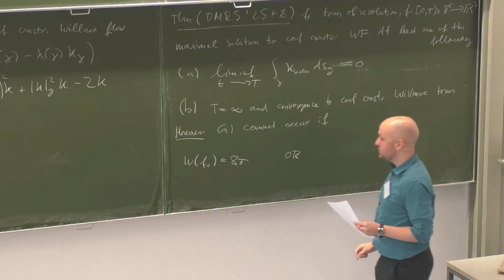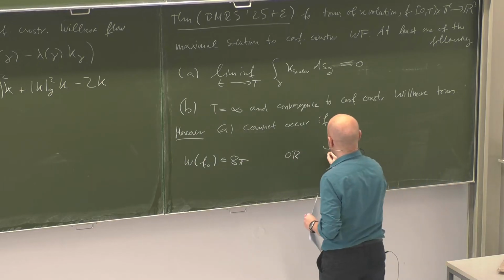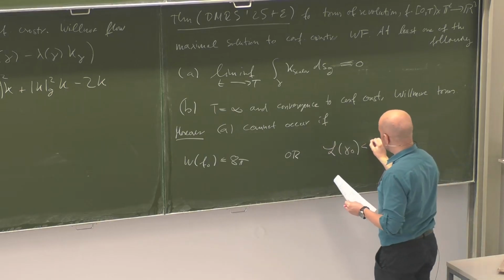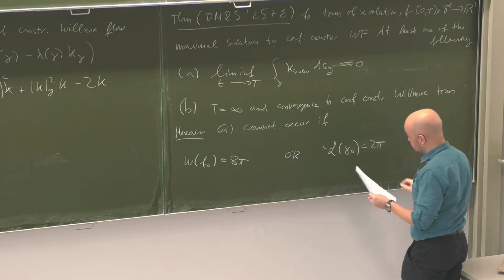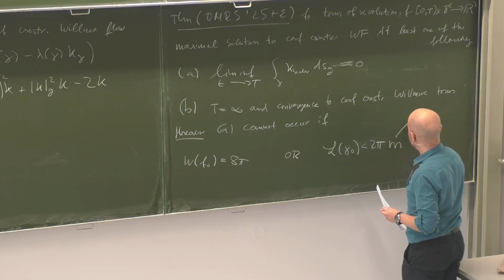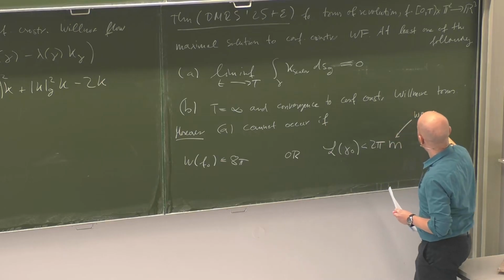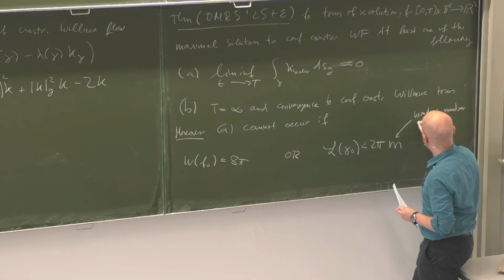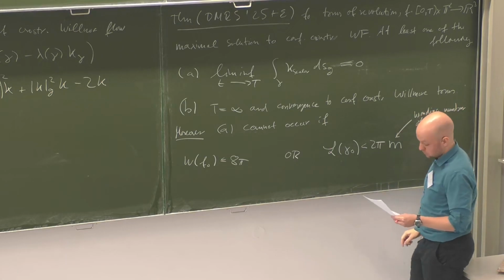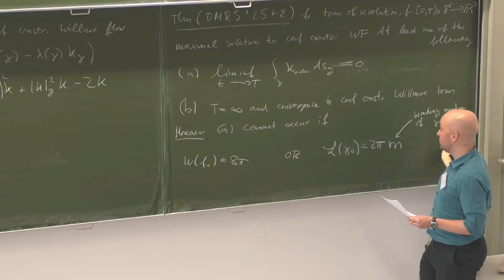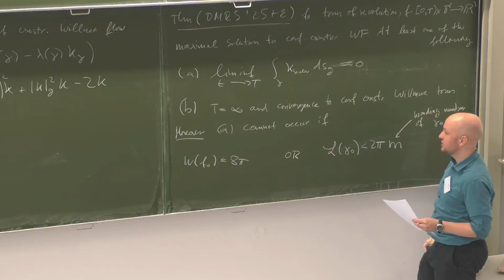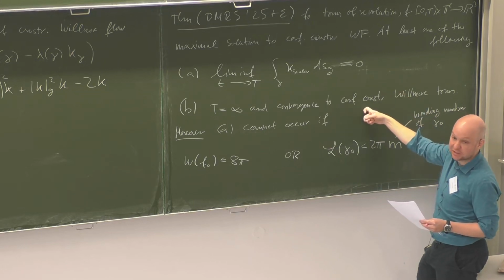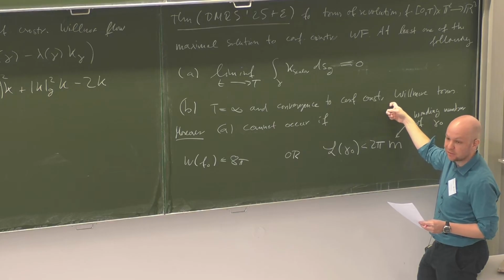What is maybe more interesting is the second one. If the length of the initial profile curve is less than 2 pi times m, this is the winding number. So if either of these conditions is satisfied, then we cannot have case A. So necessarily we have global existence and convergence and find a critical point in the limit.